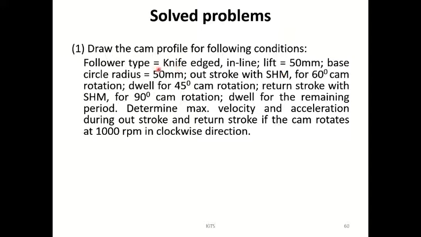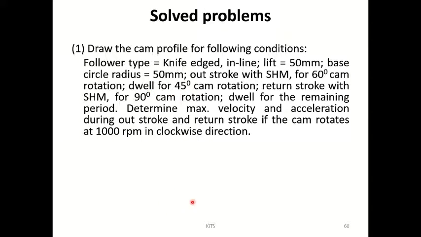The type of follower used here is a knife edged follower, and this is inline. Inline means the axis of follower and axis of cam are in the same line. Lift value is 50 mm, base circle radius is 50 mm, outstroke is 60 degree. Outstroke is with SHM for 60 degree, and then it dwells for 45 degree.